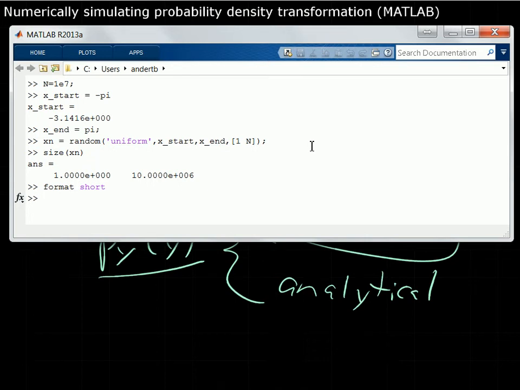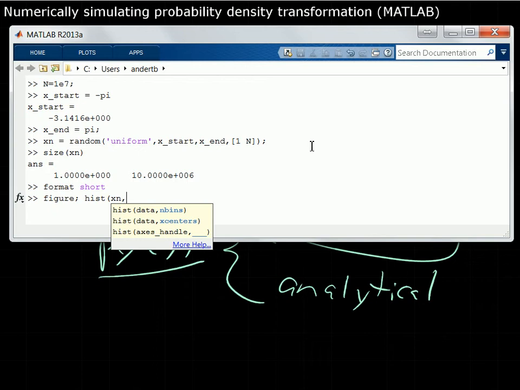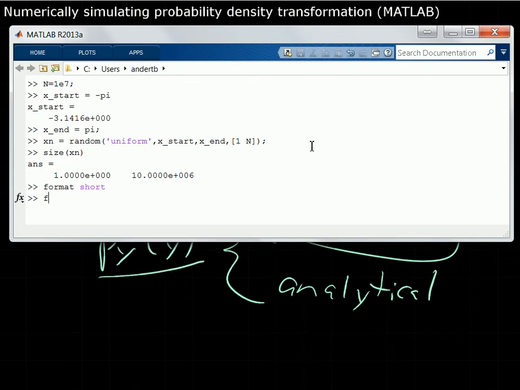So at this point we can look at what the distribution of x looks like. Let's do a histogram of x, and how many bins do we want? Let's define the number of bins to be basically the square root of how many x terms there are.